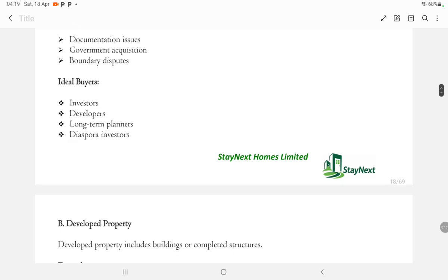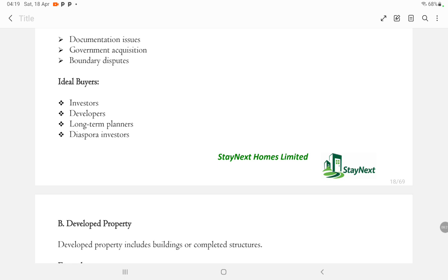If someone says they want to sell a property, you need to meet them. Not everybody. First of all, you operate on the StayNext platform for visibility. When people contact you, investigate the person, ask the person questions to confirm that this is the right person that intends to buy the property. Because when the person tells you what they want to use it for, you know what to give the person. You do not give the person land in a government acquisition area; you give the person where the government allocated.